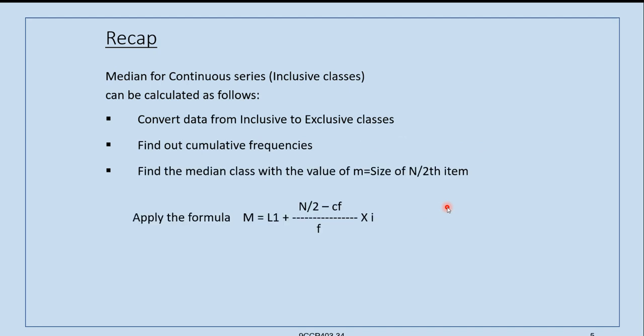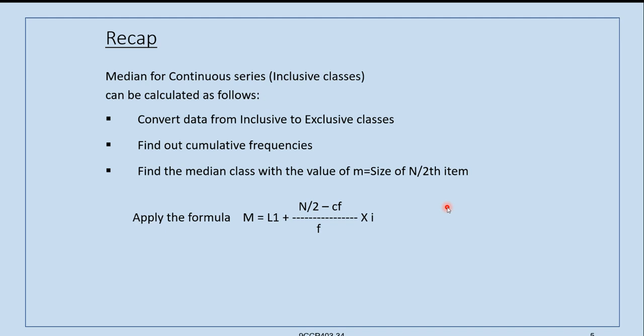So we have seen median for continuous series like inclusive classes and exclusive classes. For exclusive classes, we need not do anything. Directly we can calculate the median by following the procedure, whereas inclusive classes must be converted to exclusive classes.